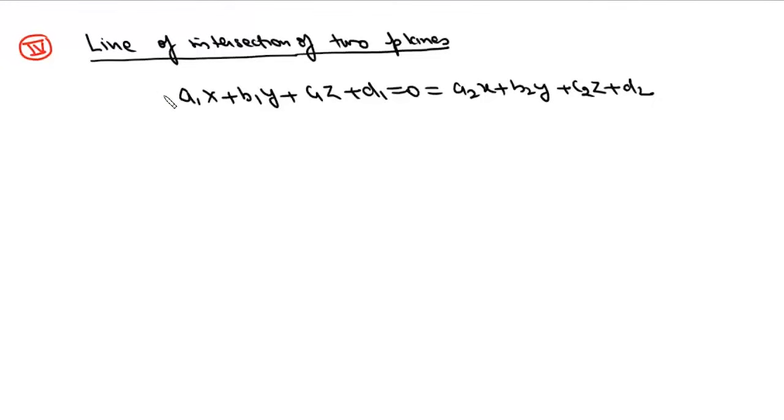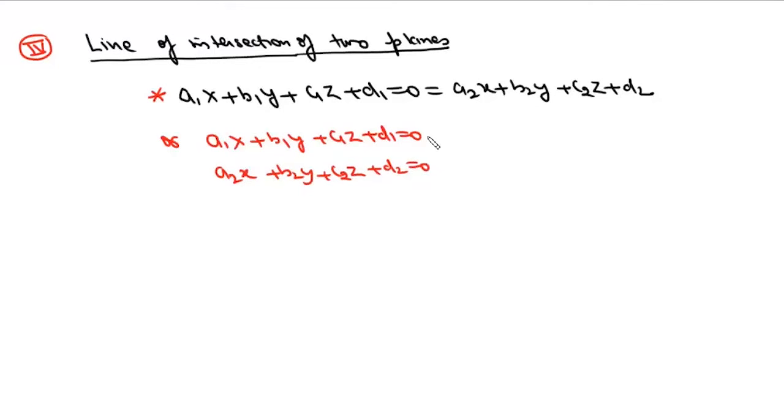So the question will say either this is the equation of a straight line, or they'll say we are given two planes a1x plus b1y plus c1z plus d1 equals 0, and a2x plus b2y plus c2z plus d2 equals 0, and we have to find the line of intersection of the two planes.